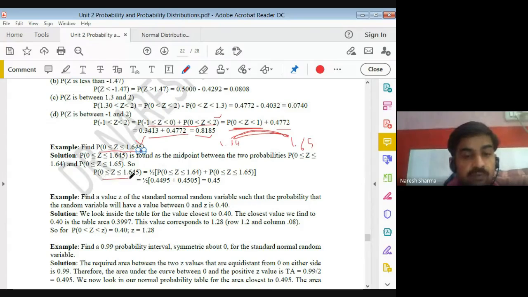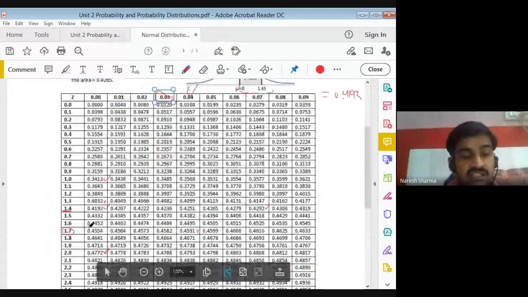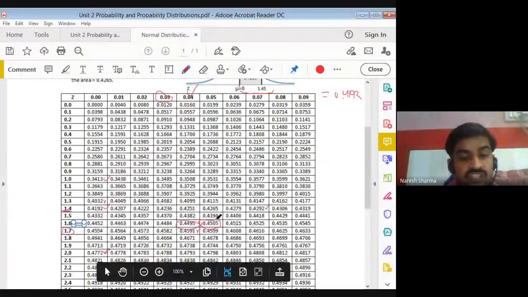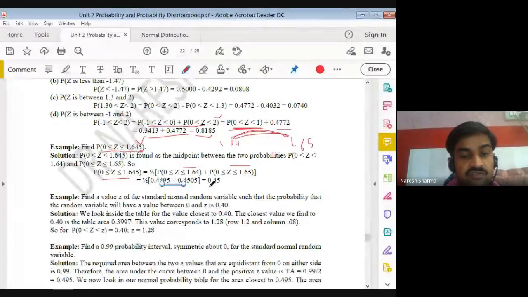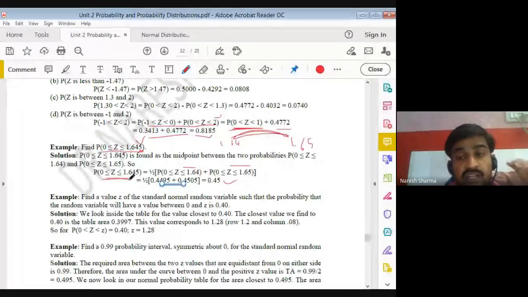So we break this probability into two probabilities, that is probability 0 to 1.64 and 0 to 1.65, and we check the table, at 1.6 and at 4 it is this value, and at 5 it is this value. We just take the average of these two, right? So just take the half of these two, we get the required probability, right?